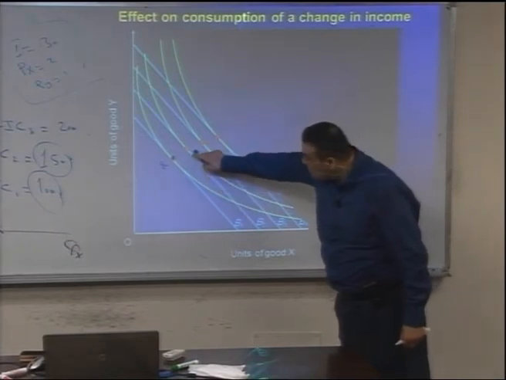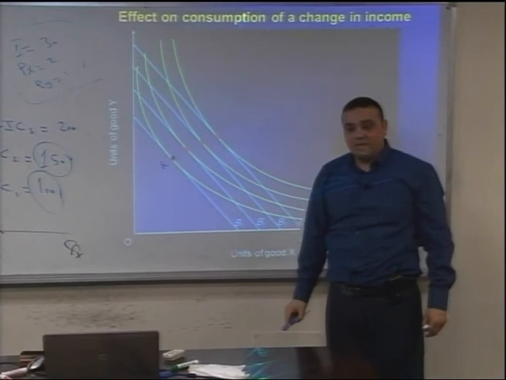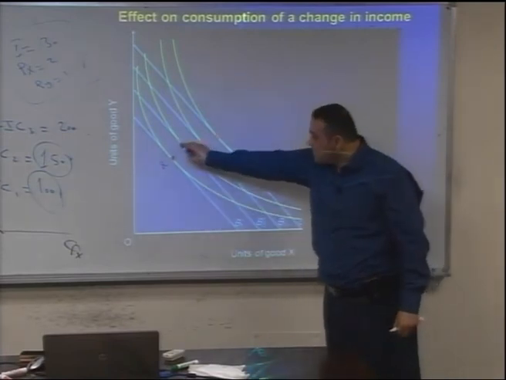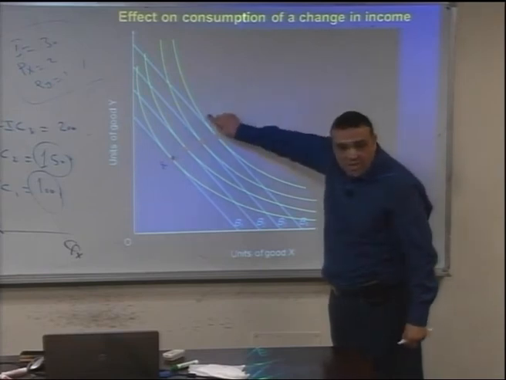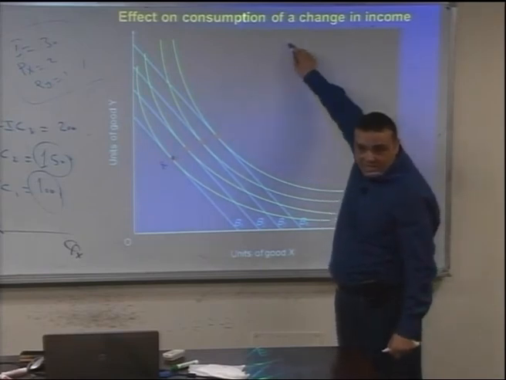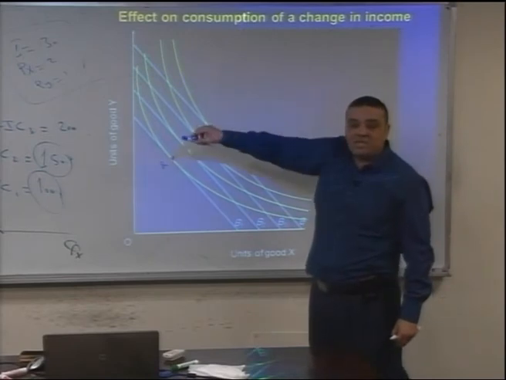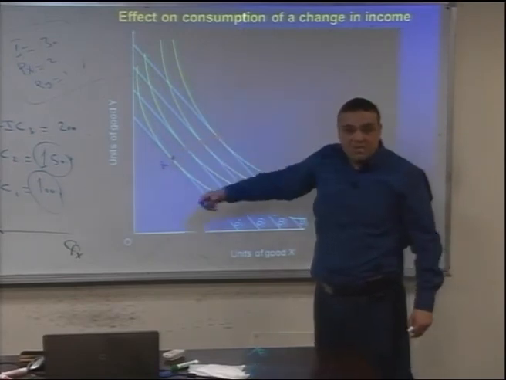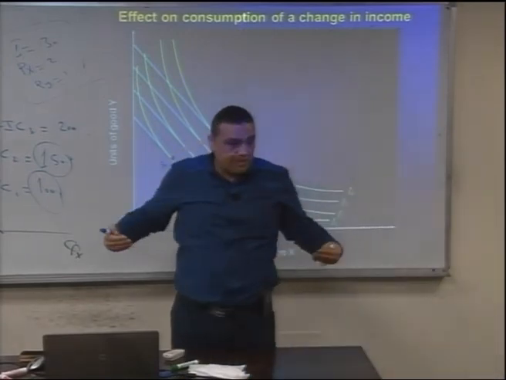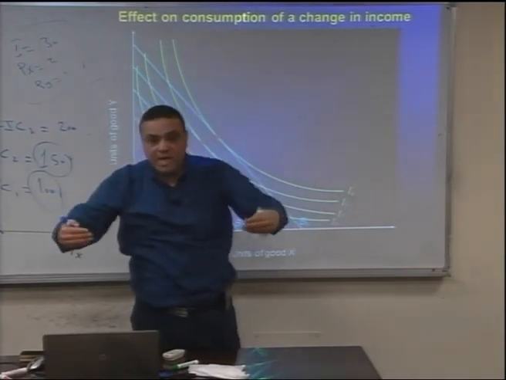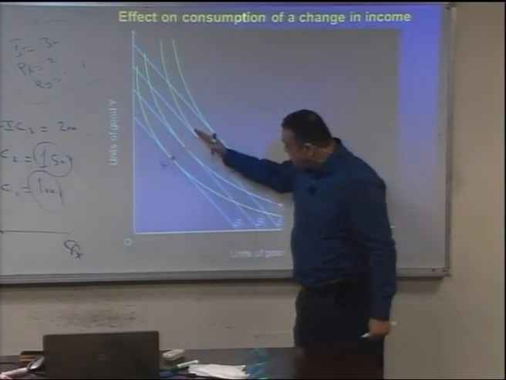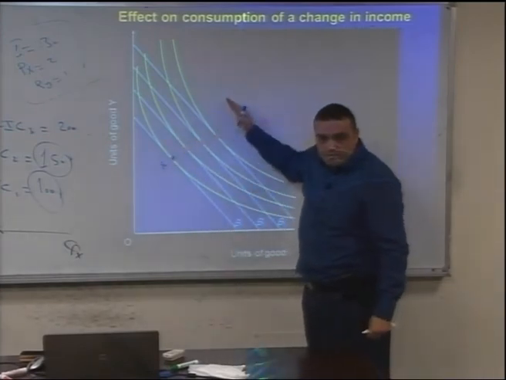At this point, we have a new equilibrium point, a new optimum point. As the consumer's income increases, we have a shift in the budget line, and a shift in the indifference curve as well, because the total benefits obtained will increase as well. So we have another equilibrium point.